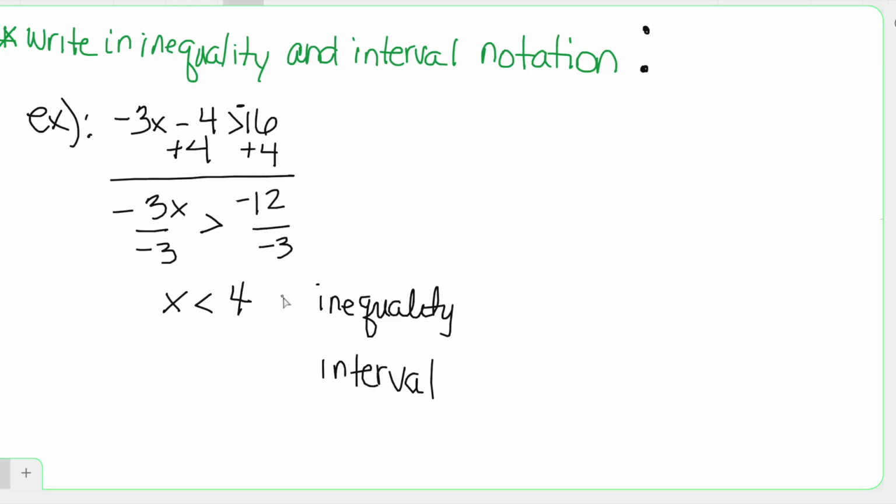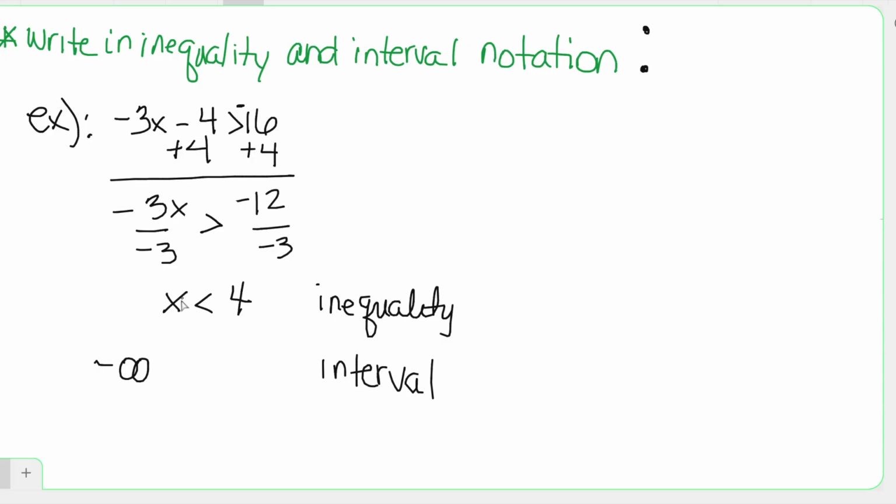But that could also include negative a million. So are you just going to write all these numbers for x? No. We have the symbol for negative infinity to include any number that is less than. That means it's just going on and on to negative infinity.